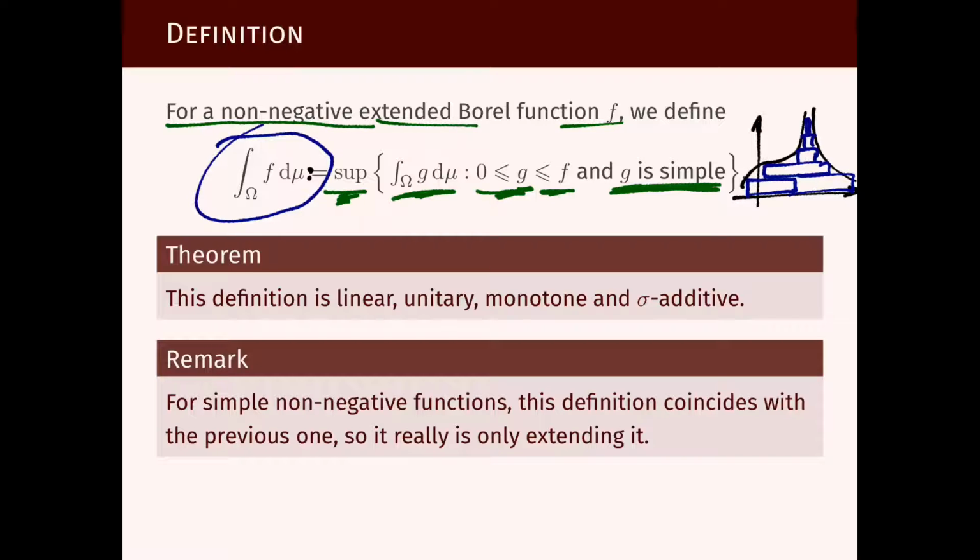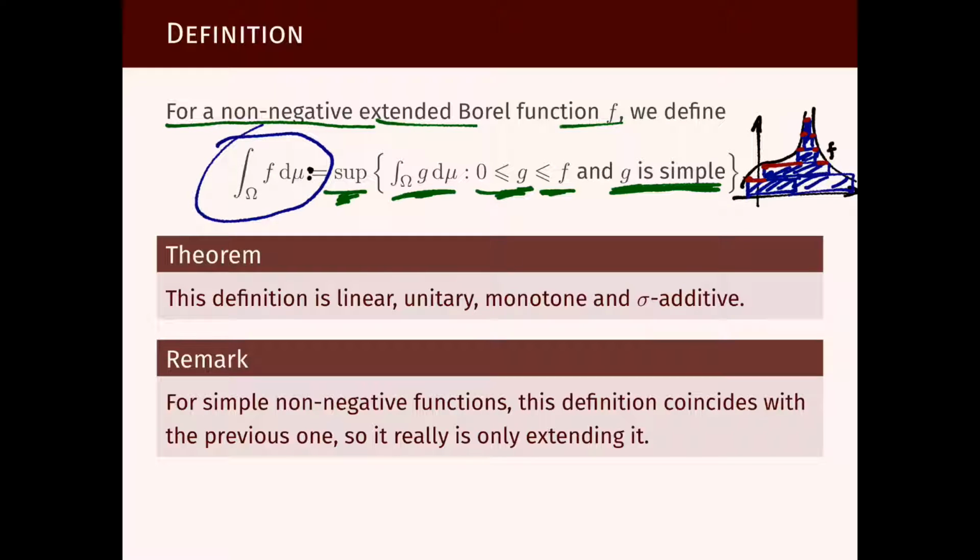So if this would be the function f, in blue, I'm computing here the integral of some simple function, but the simple function itself, if we want, it would be this function here. It is constant, and it is constant, constant.